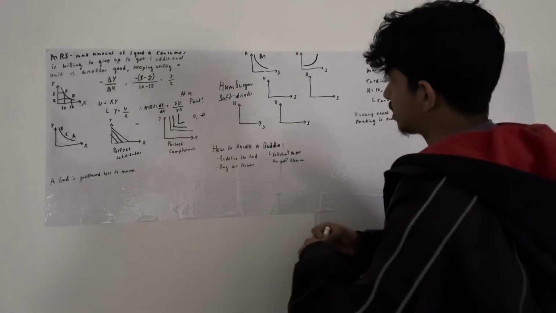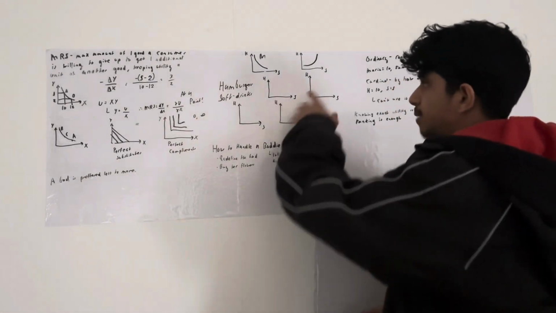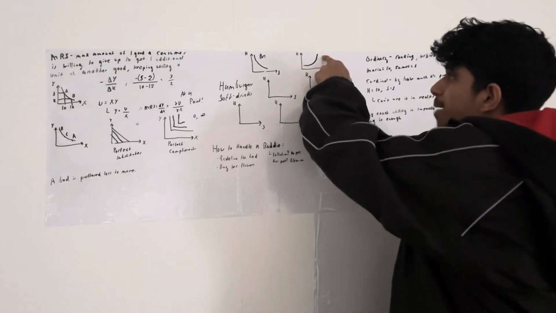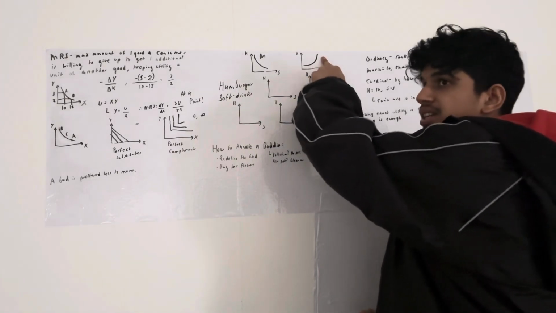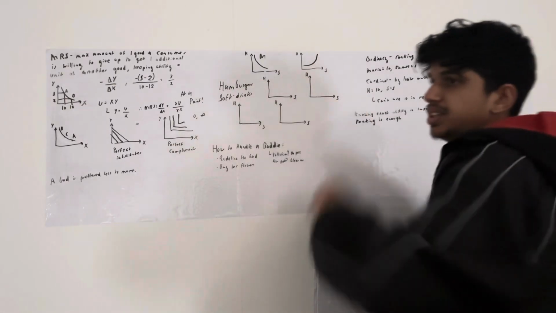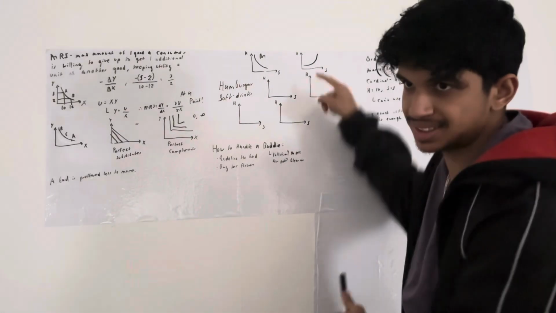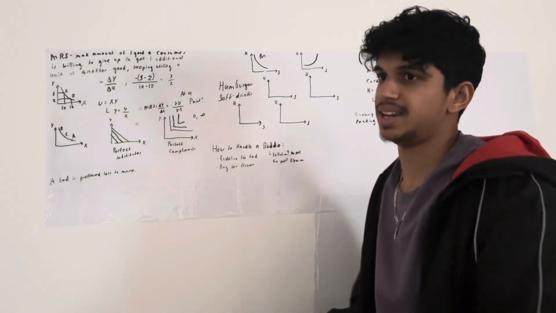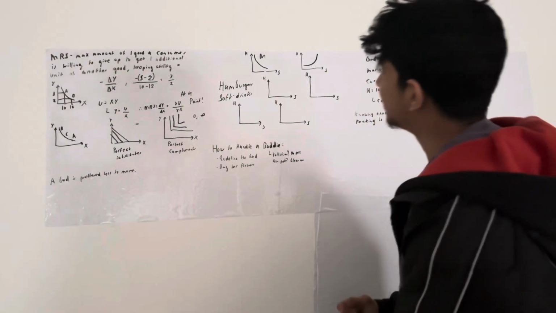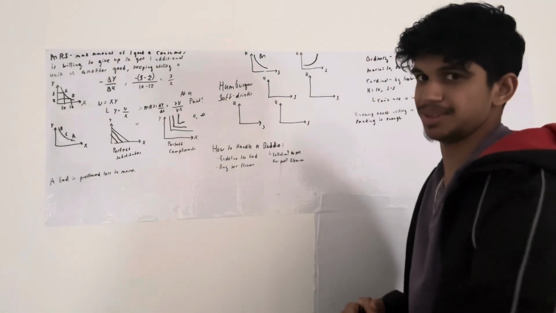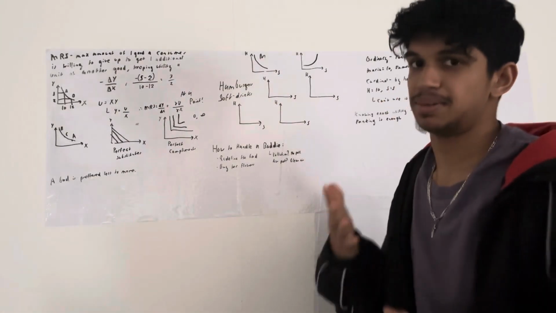Since soft drinks are bad, the more soft drinks you have, the more hamburgers Ethan needs to eat to compensate and have the same level of utility. He doesn't like soft drinks. So if he had 10 soft drinks, which by the way he wouldn't want, I think he would die, he needs like 20 hamburgers, 30 hamburgers or something just to be the same level of satisfied.